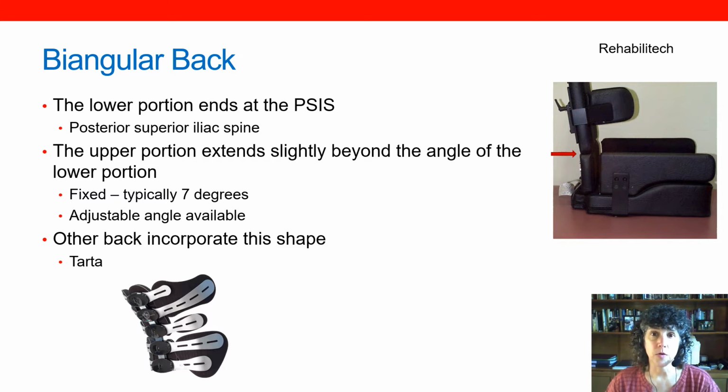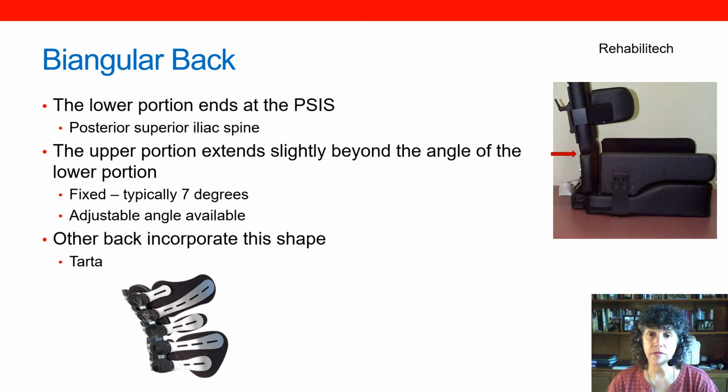Now, there are a number of off-the-shelf backs that emulate the shape of a biangular back. If we look at a linear back where the primary purpose is a biangular back, we see what we have here on the right. We have the lower portion that goes up to the top of the pelvis, about the PSIS, and this angle is often closed to about 90, maybe 95 degrees.